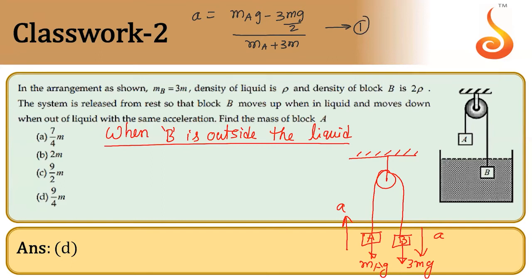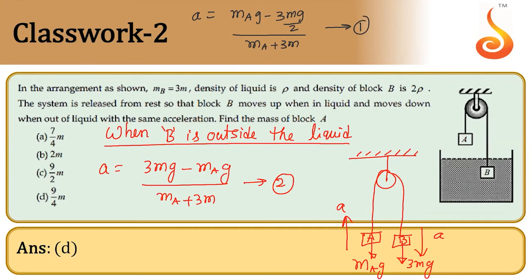Now, what is the net pulling force? 3 mg will be greater than MAG. Acceleration equals net pulling force, 3 mg minus MAG, divided by MA plus 3M. Equation number 2.